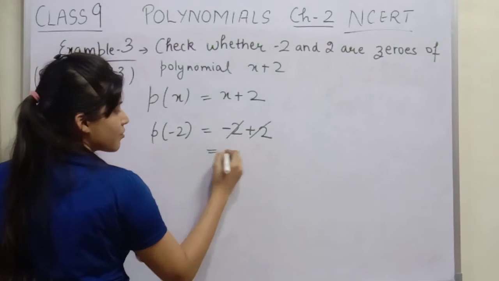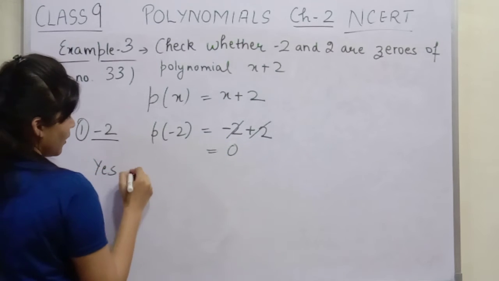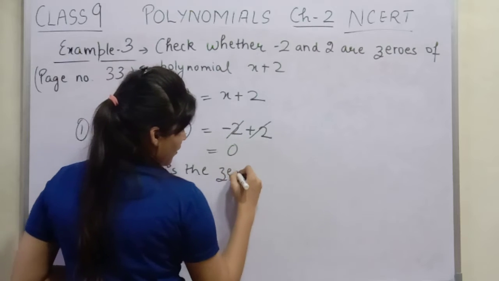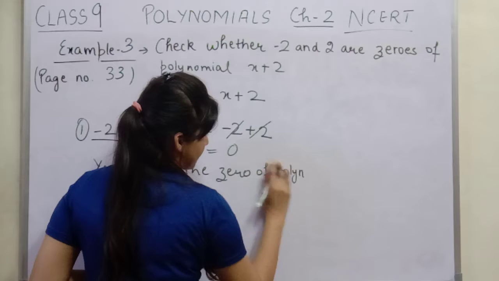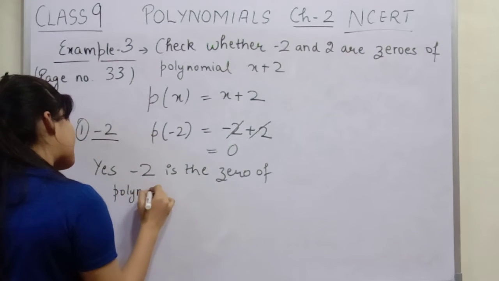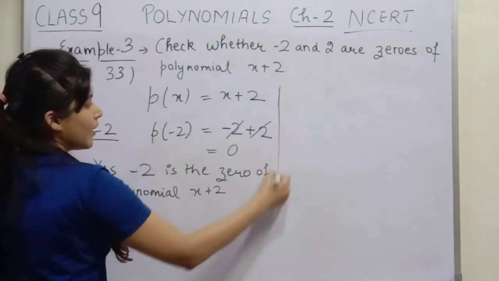So minus 2 plus 2 is 0. So it means that yes, minus 2 is the zero of the polynomial x plus 2.